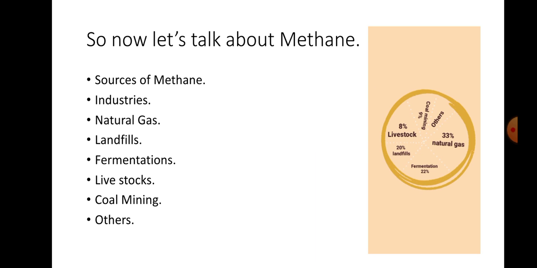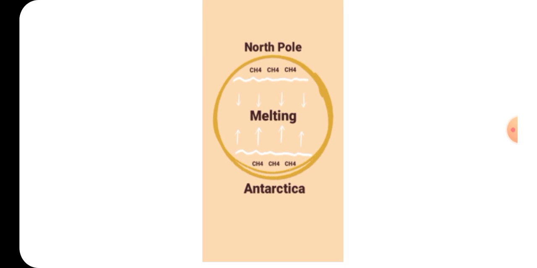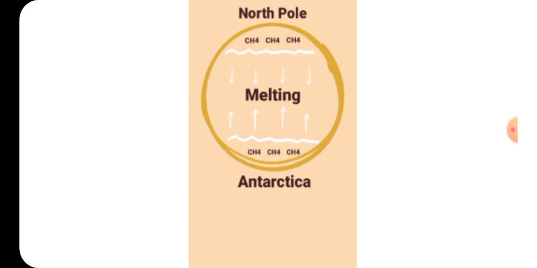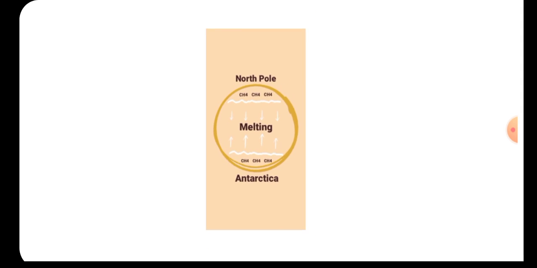Now if you look at the earth, and I hope you are able to see here, we have the permafrost in the North Pole covered with ice and snow. And we have Antarctica over here, and the same thing with ice and snow. Under the permafrost there is what is called clathrate.